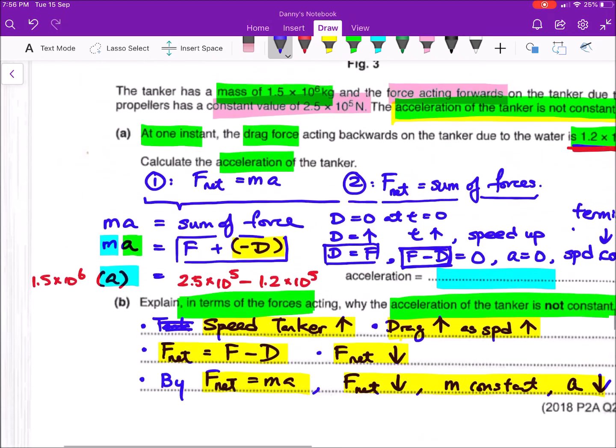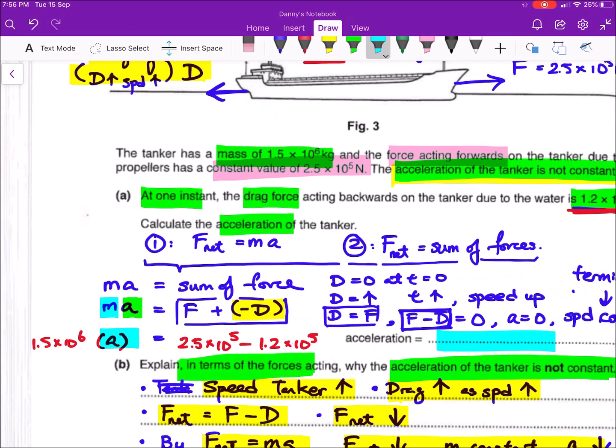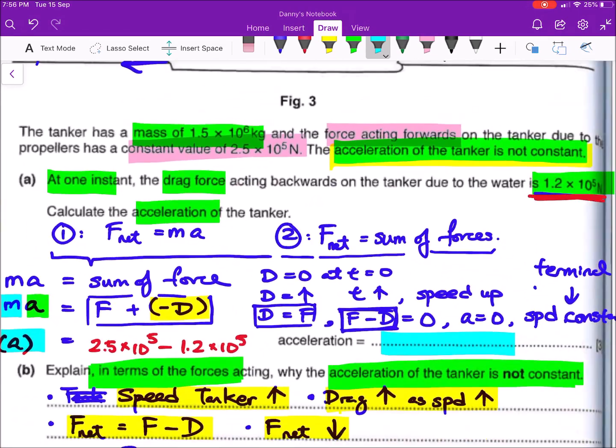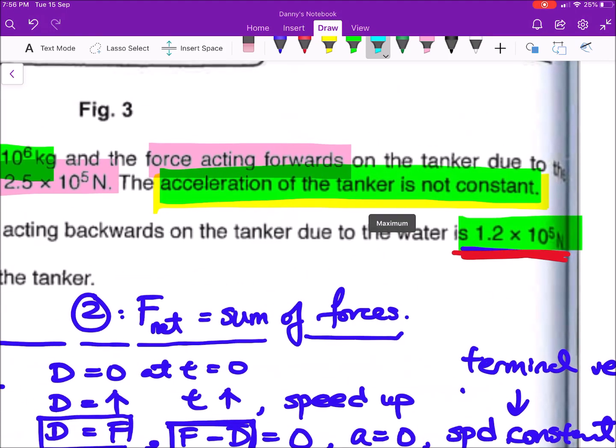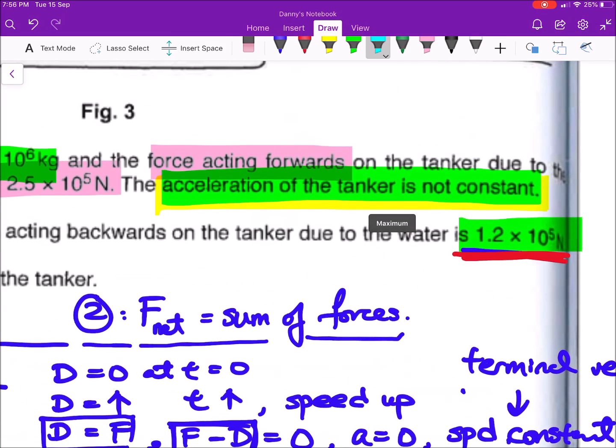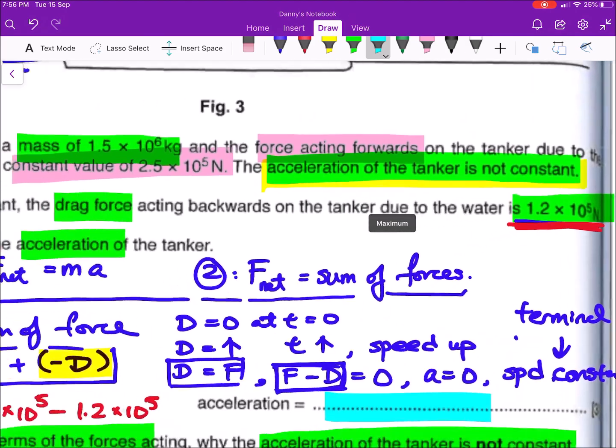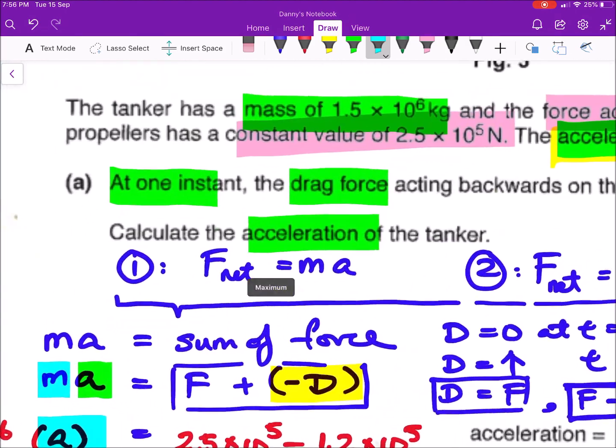Remember these two equations, this is the first equation, this is the second equation. If you use the second equation, you find W plus air resistance, but I don't know the air resistance, so you are stuck. So what you do, switch to the first equation.